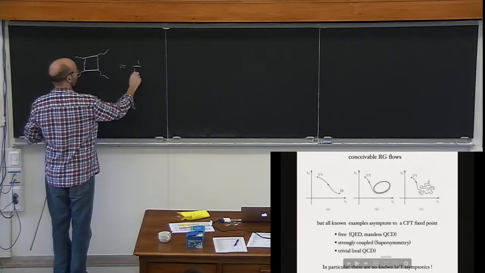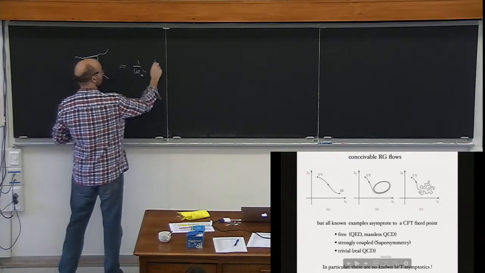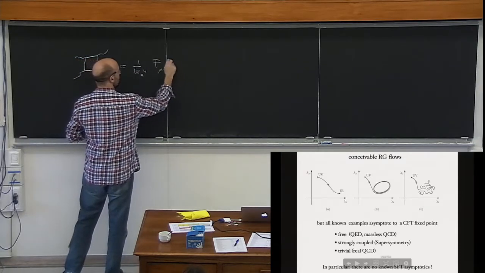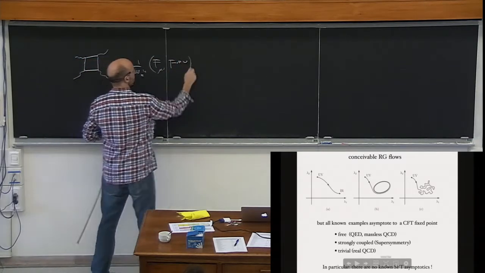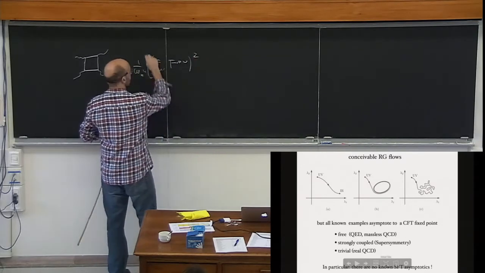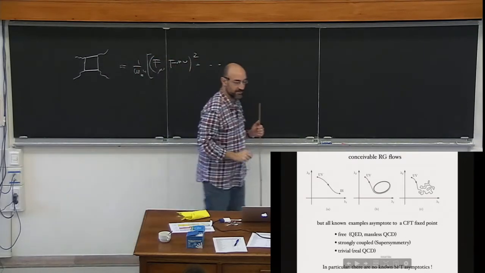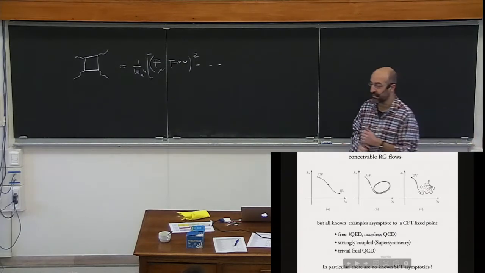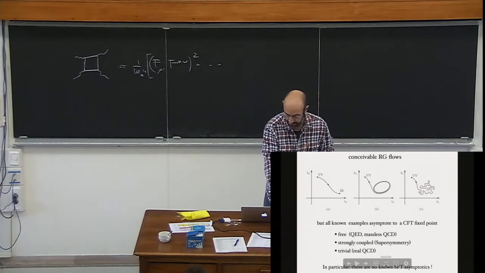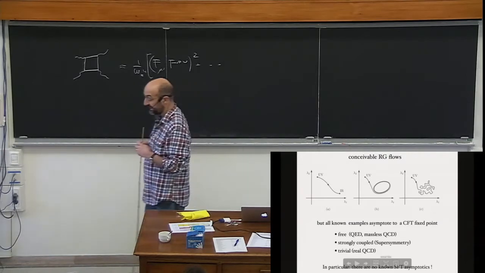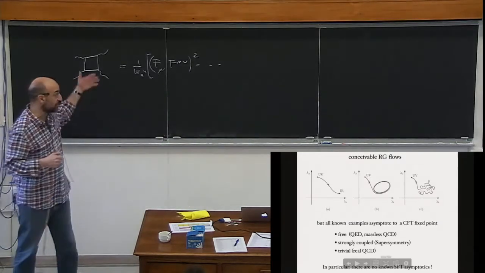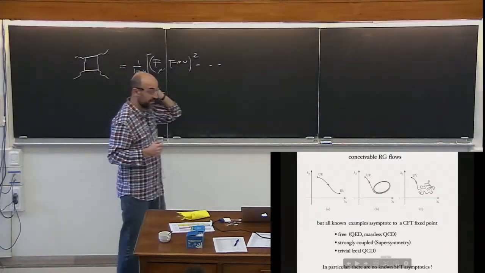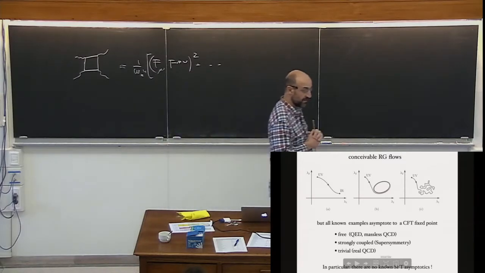They go like 1 over m_electron to the fourth, (F_mu nu)^4 squared plus other contractions, and (F_mu nu tilde)^2, okay? And these are higher orders in the 1 over mass of electron expansion.